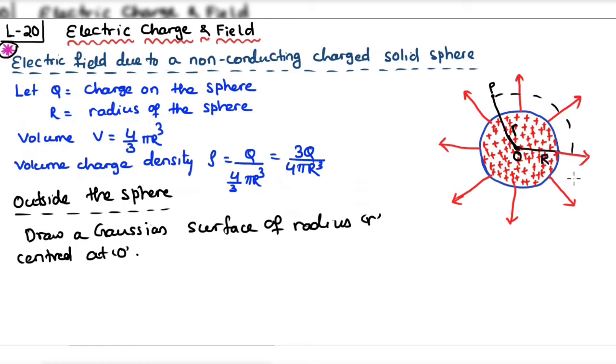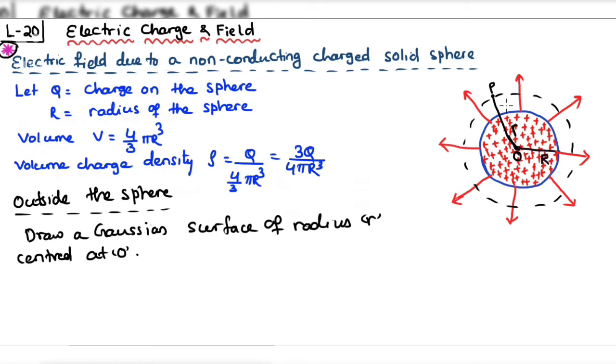The Gaussian sphere and the solid sphere are both concentric spheres. Is that clear? So definitely the point P will lie on the surface of the Gaussian sphere.